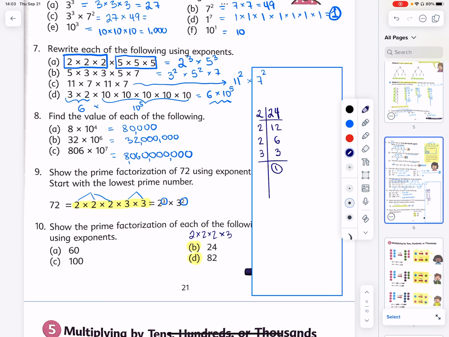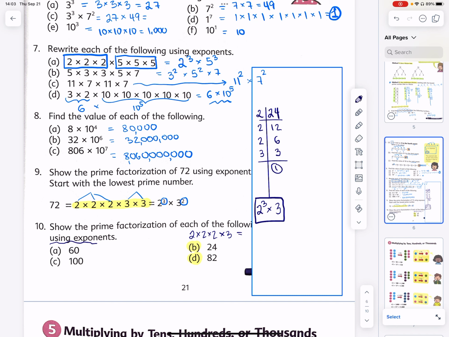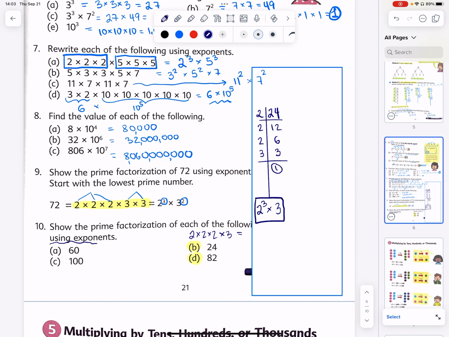But we need to start using exponents, and therefore it would be just 2 to the power of 3 times 3. And that is the prime number signature for number 24. It's a unique signature for this number, just like your retina and your fingerprints are also unique just to you.